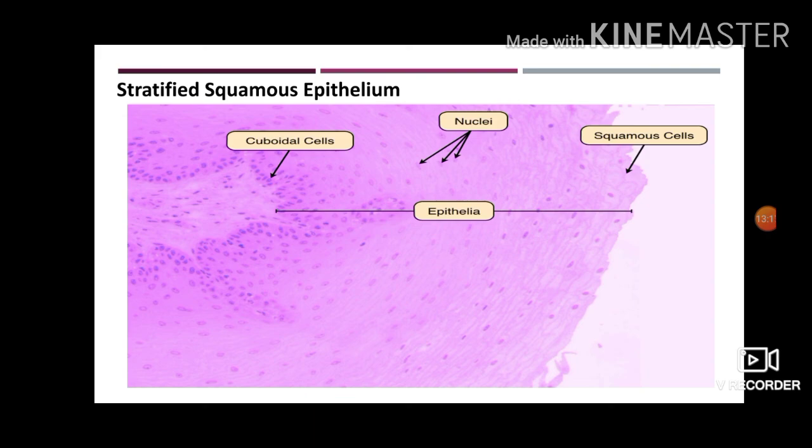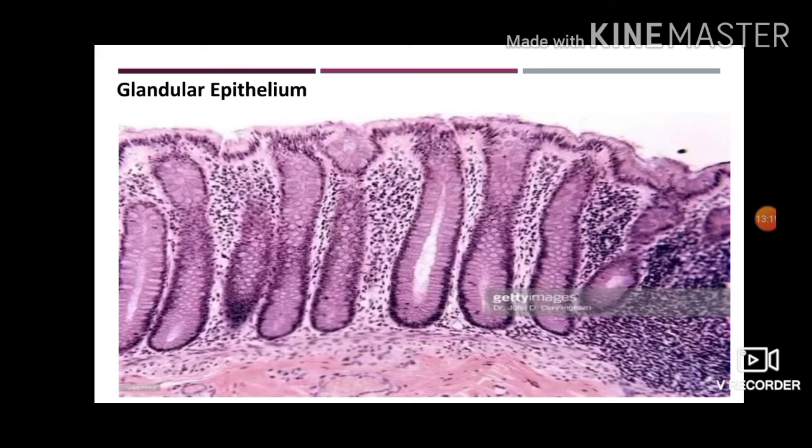Getting, dear students? Now moving to the next, that is glandular epithelium. Now what is glandular epithelium, dear students? Sometimes cuboidal cells change so that they are able to secrete something.